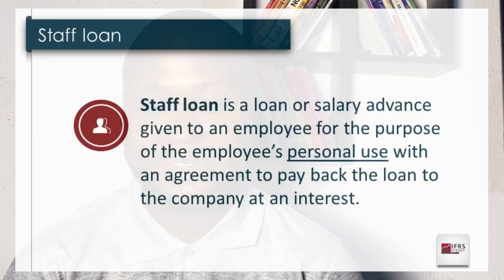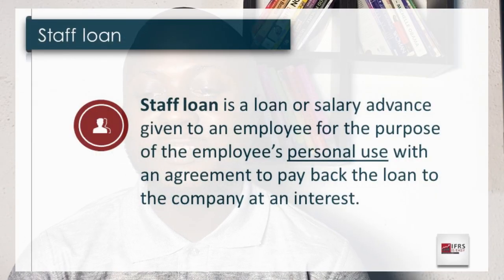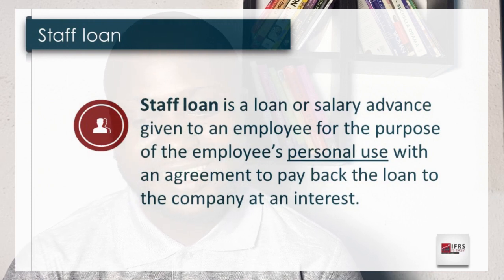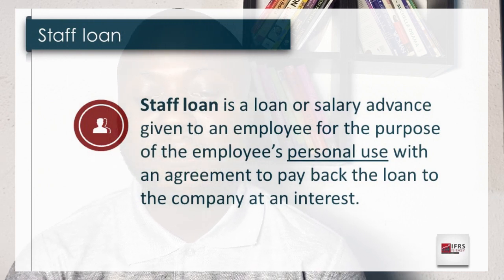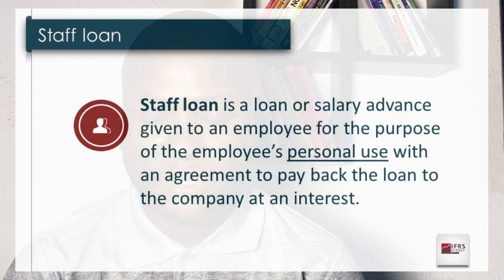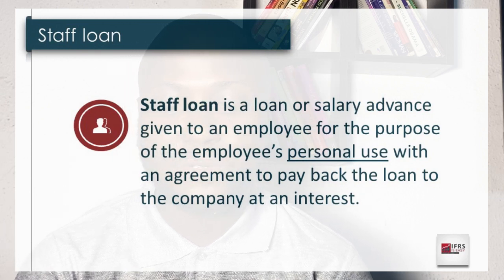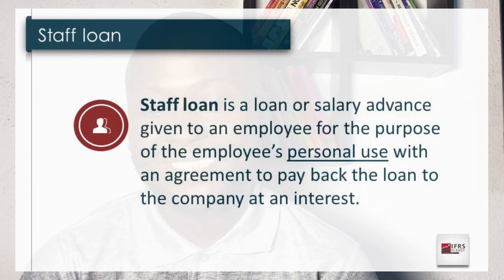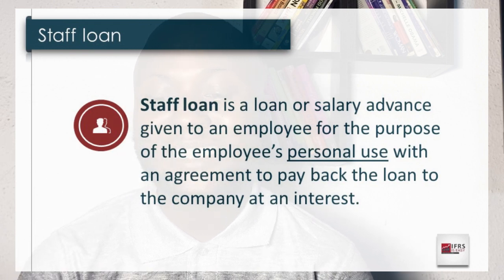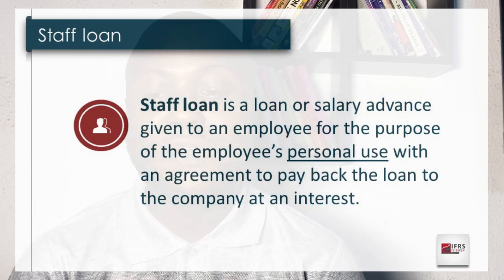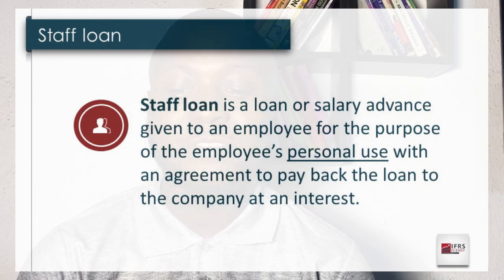We are starting with staff loan. Here it says staff loan is a loan or salary advance given to an employee for the purpose of the employee's personal use, with an agreement to pay back the loan to the company at an interest. So when a company gives out a loan to its staff for their personal use, you will see that there is emphasis on personal use.